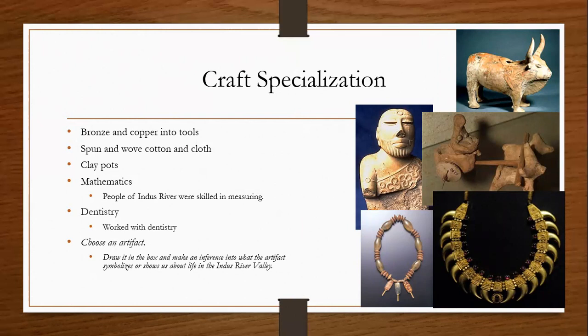So you can kind of blame India for math a little bit, because they're one of the oldest cultures to incorporate mathematics. Dentistry is going to get a start in India. Not the only place, but it's one of the earliest places found to start dentist work for keeping our teeth together.